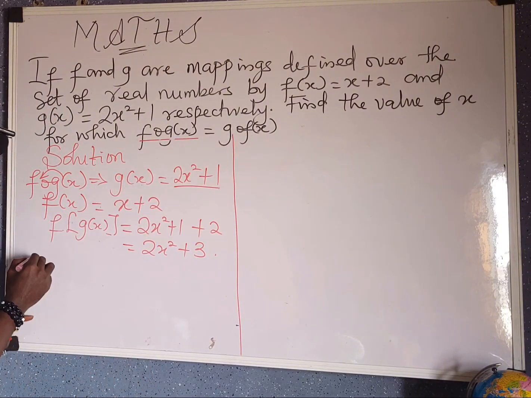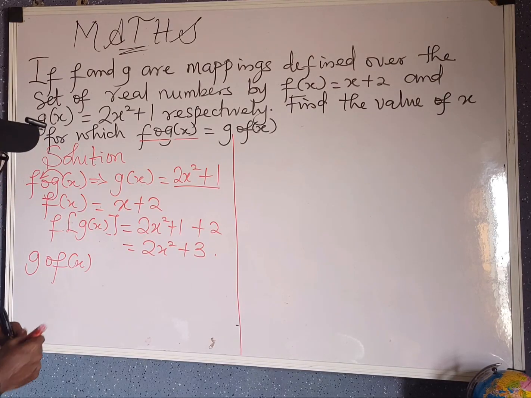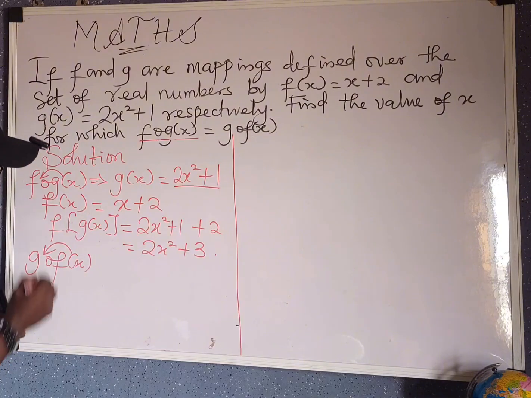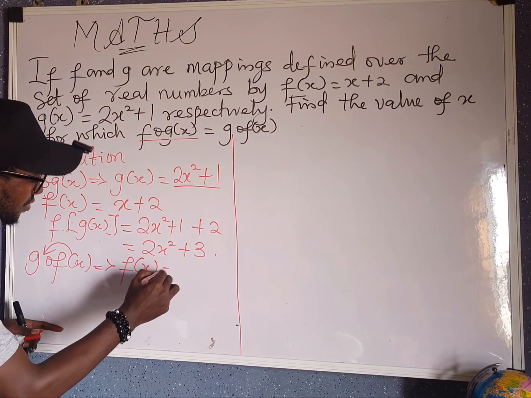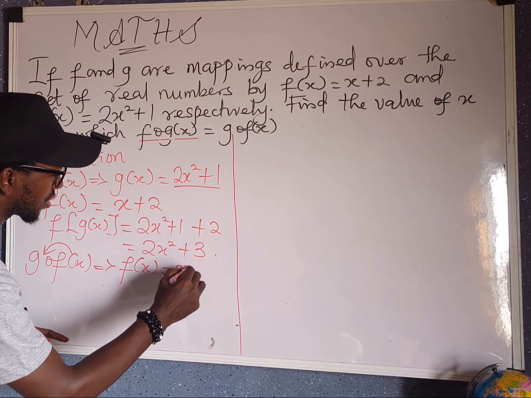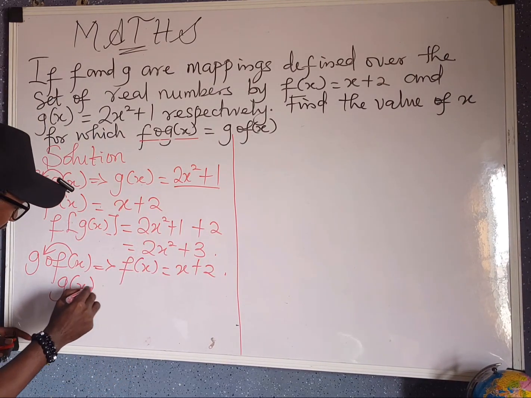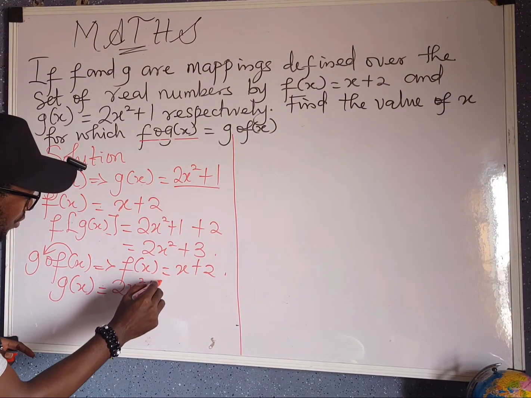Now to the other side, g of f of x. What this also means is the value of f of x, you are going to substitute it into g of x. And we have that f of x from the question is equal to x plus 2. Now g of x is given as 2x squared plus 1.